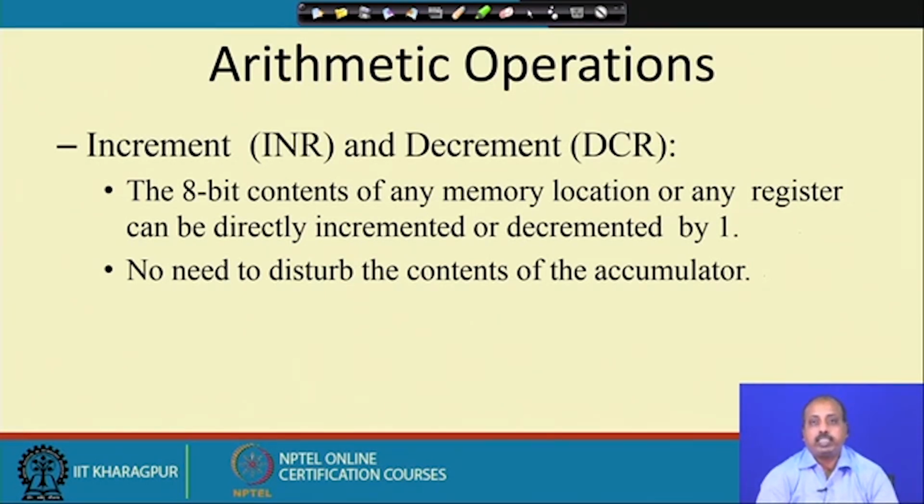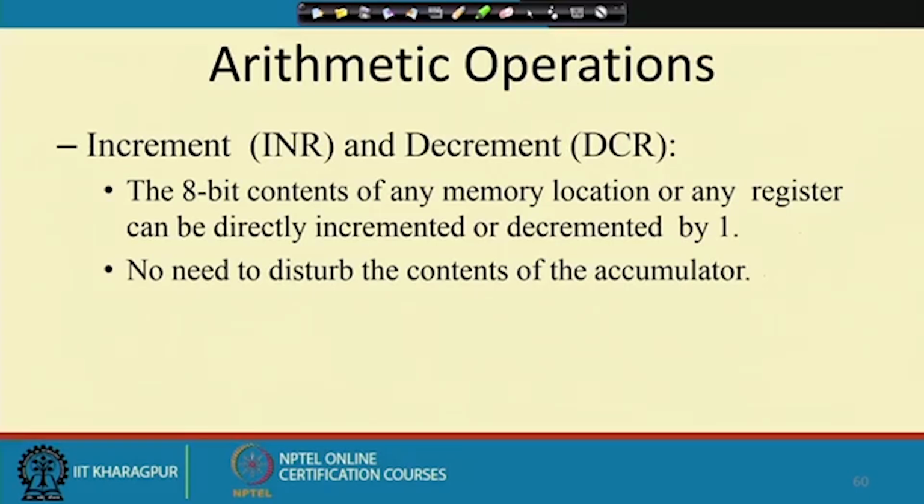For other operations like add and sub, the result is stored in the accumulator, and now suppose I just need to increment B. If this is not possible directly, then B's content will have to come to the accumulator, be incremented, and the value stored back to the B register. That will destroy the previous content of the A register.